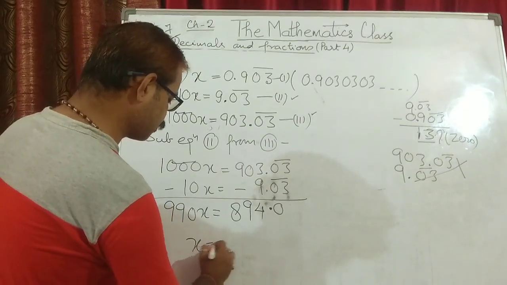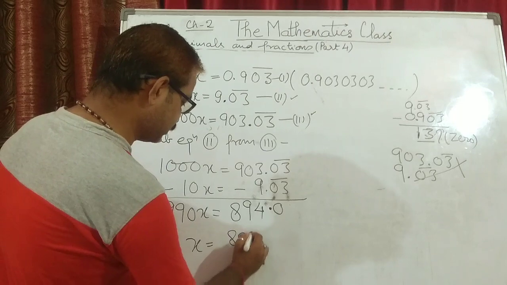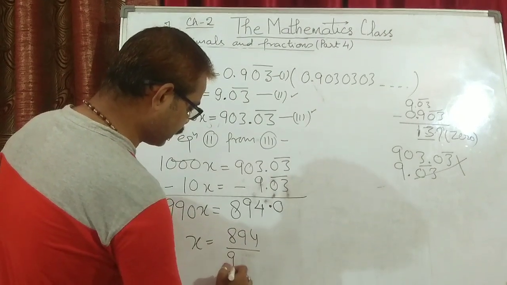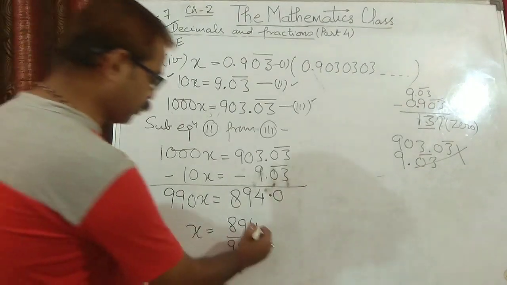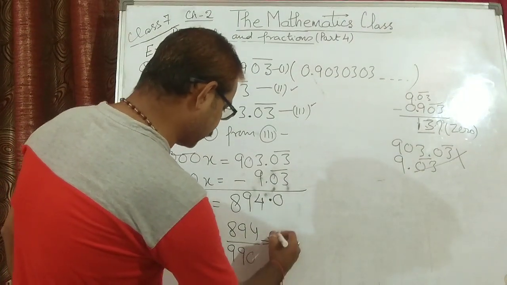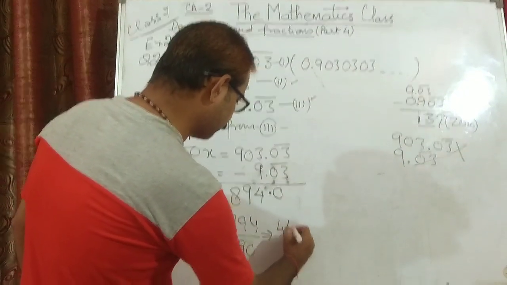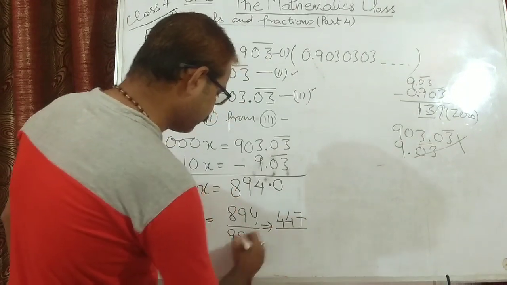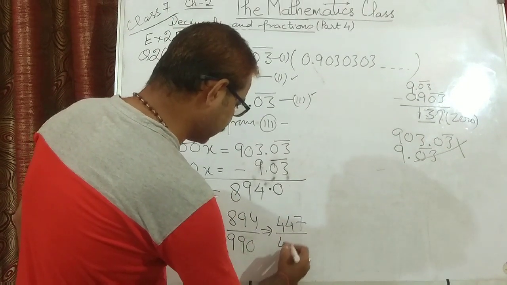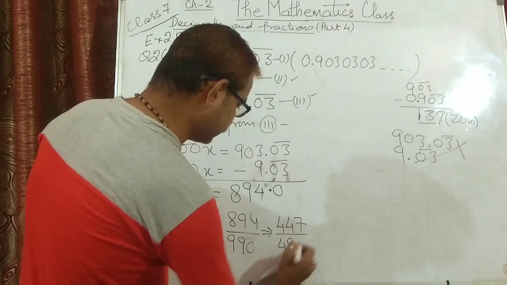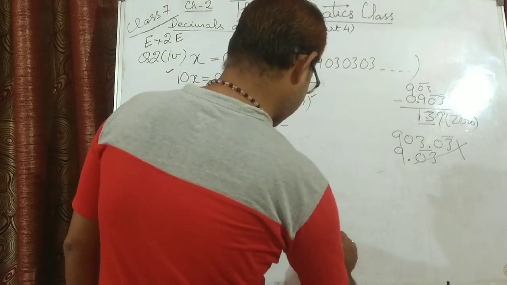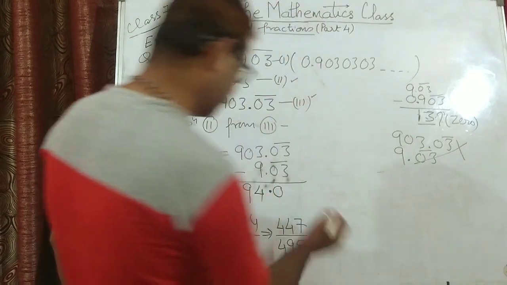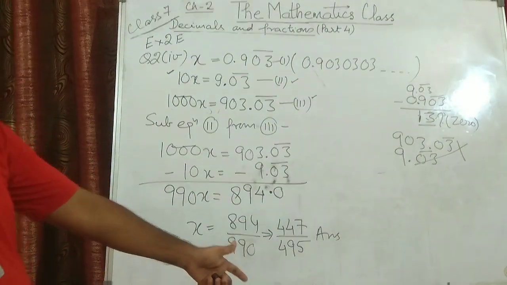So x comes out to be 894 upon 990. Now we have to reduce it to the lowest form. We can divide it by 2. 2 4s are 8, 2 7s are 14, 2 9s are 18, and 2 5s are 10. This is the final value.